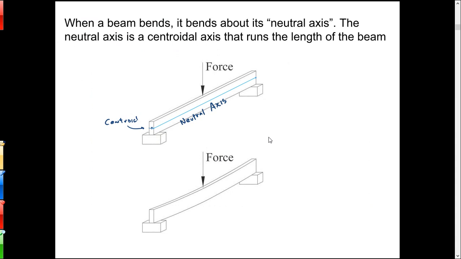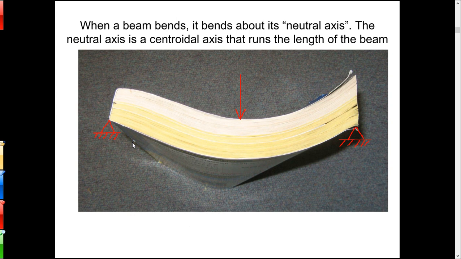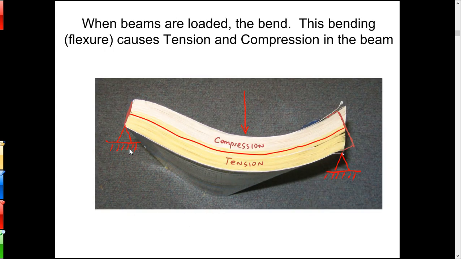All right, now when a beam bends, it bends about what's called the neutral axis. The neutral axis runs down the middle of the beam, okay? Now when a beam bends, what happens then is above the neutral axis, you have compression. Below the neutral axis, you have tension.